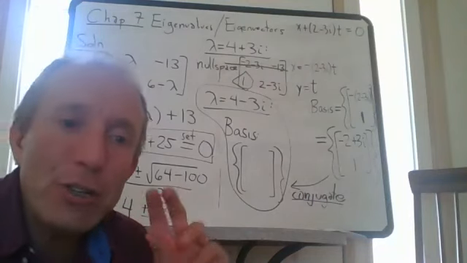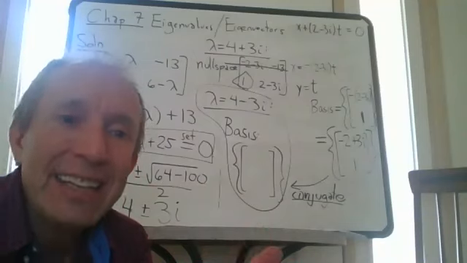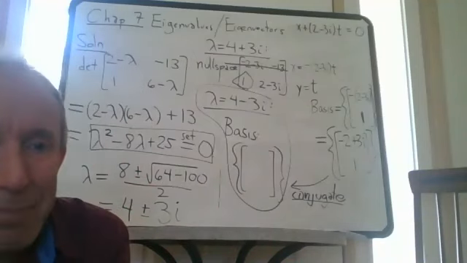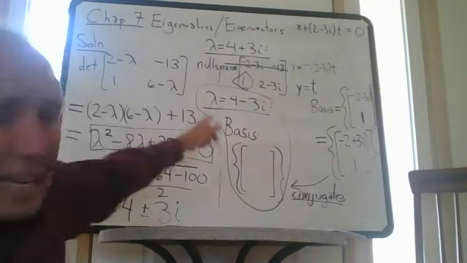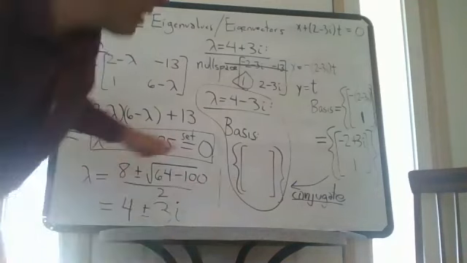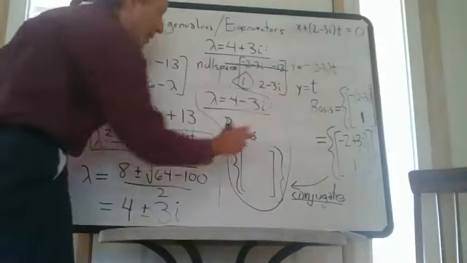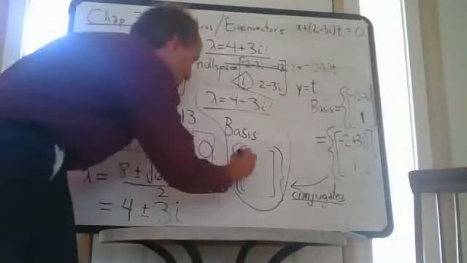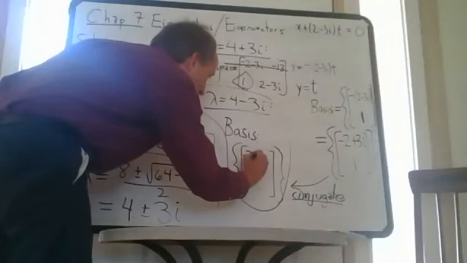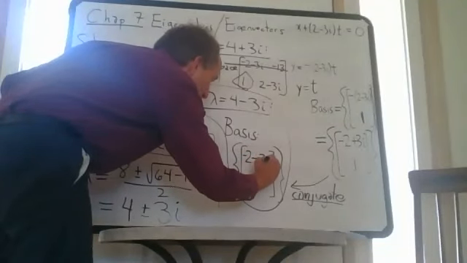All you're doing is switching the sign of the imaginary part of your eigenvalue. And that's the exact same thing you're going to do here. You're going to switch the sign of your entries in your basis. So this is going to become negative 2 minus 3i.